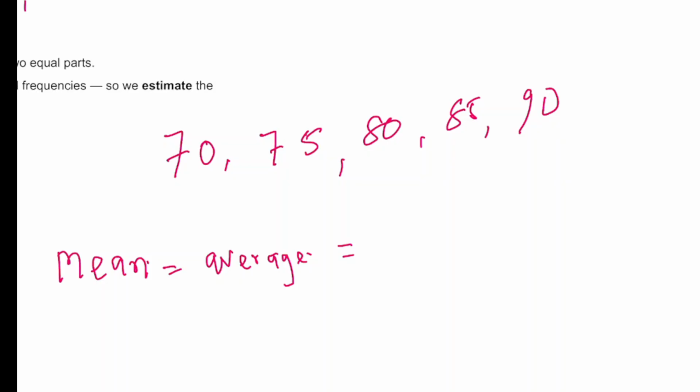Okay, the average of these numbers is 400. How much? Calculate 400 divided by 5.